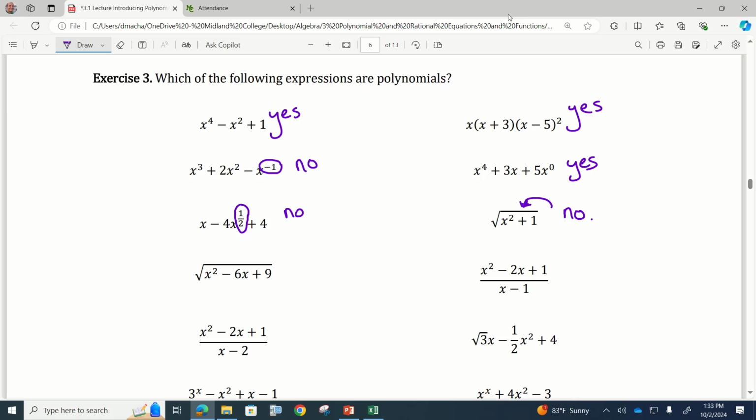Why would you say yes if I just told you you can't have a square root? You probably know the answer, just say it. Yeah, the fancy word for it is we say this is a perfect square. So you're right, it factors. How does this factor?